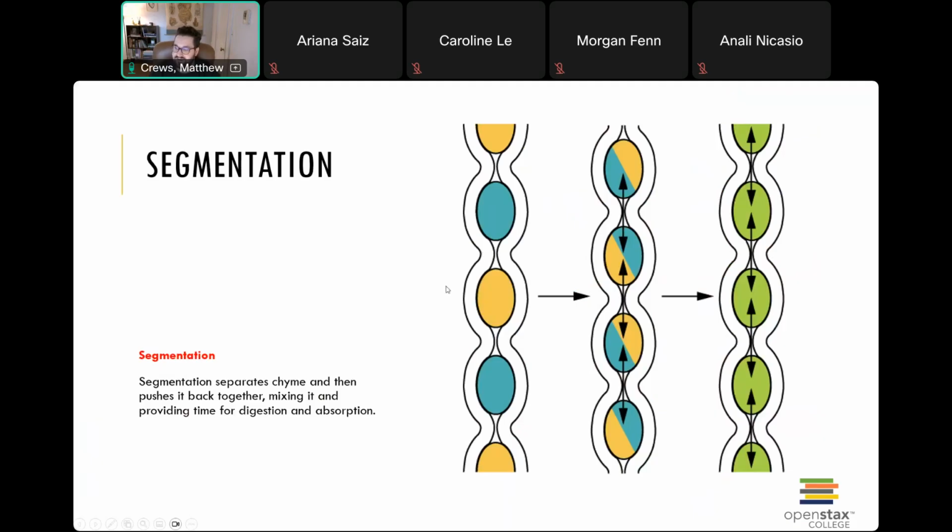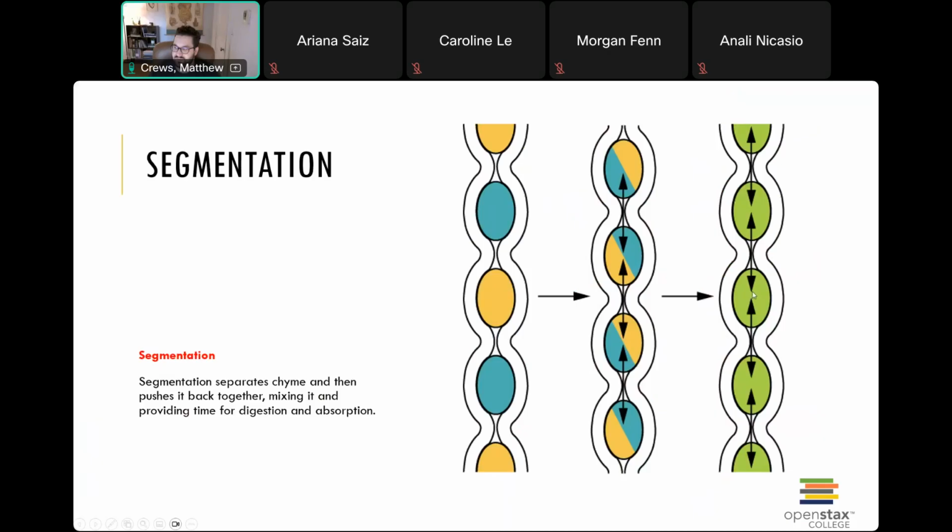And basically, you're taking that whole ball of chyme right here, you're cutting it into two subsections. You're cutting those, and they're mixing together during peristalsis. And then you just kind of keep doing that over and over again until you end up with this homogeneous mixture, basically. Okay, and that provides time for digestion and absorption.